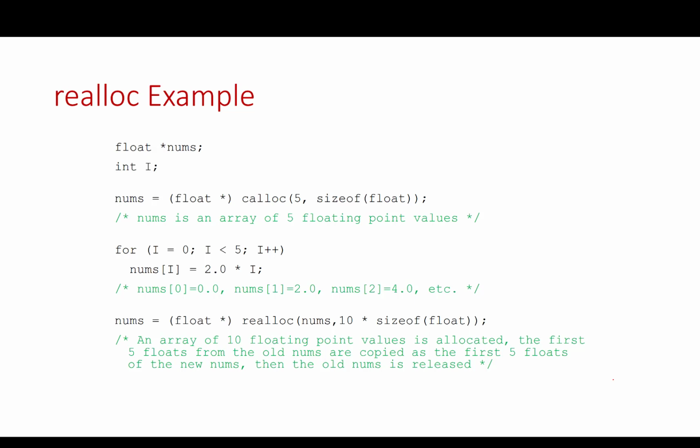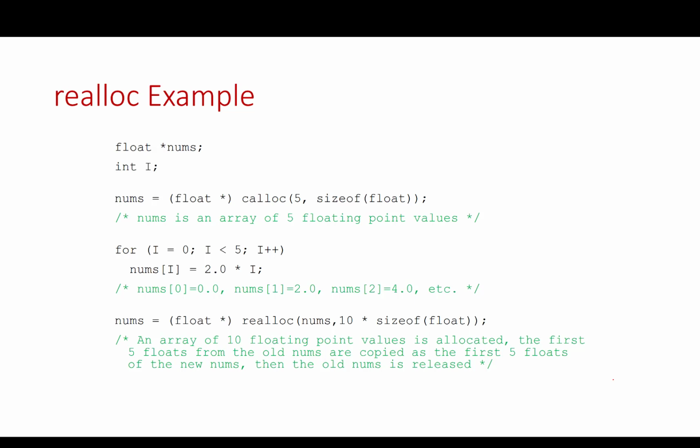And then here, for i equals 0, i less than 5, i plus plus, nums of i equals 2 multiplied by i. So initializing the memory elements with certain values here. And now here's the next step. nums equals realloc nums, 10 multiplied by size of float. Okay? So in this case, here it was 5. Now it will be 10.